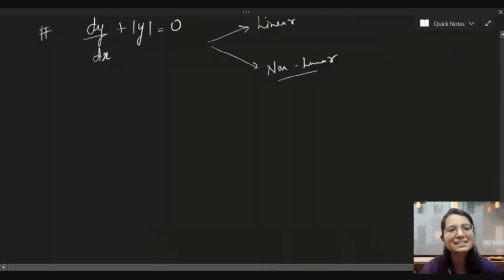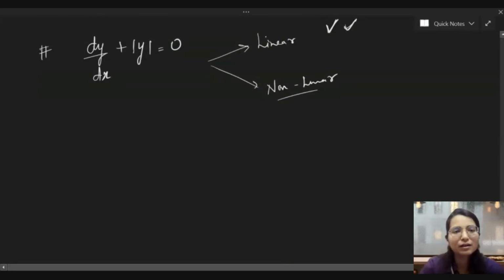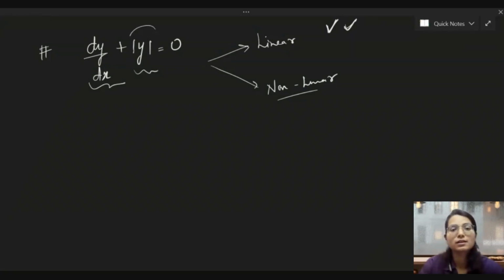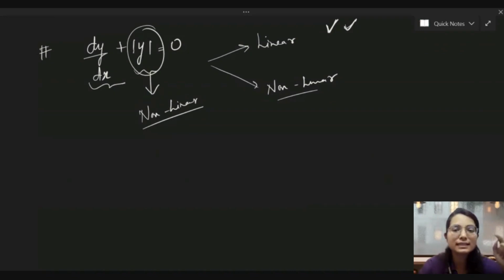So in this case, every derivative or the dependent variable has power 1, but mod y was a non-linear function. We have included a non-linear function in this, and that's why it becomes a non-linear differential equation.